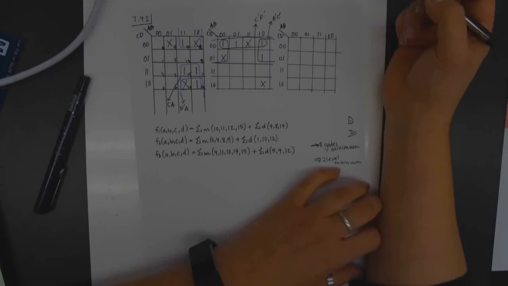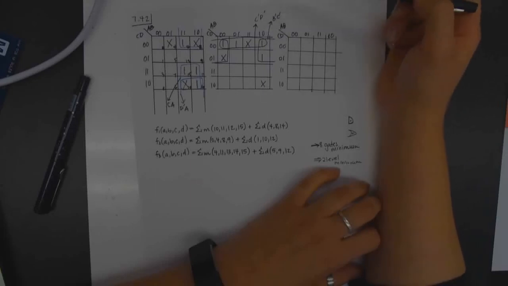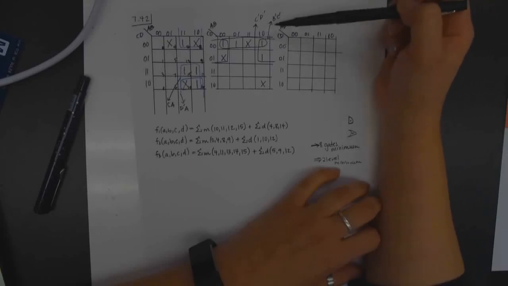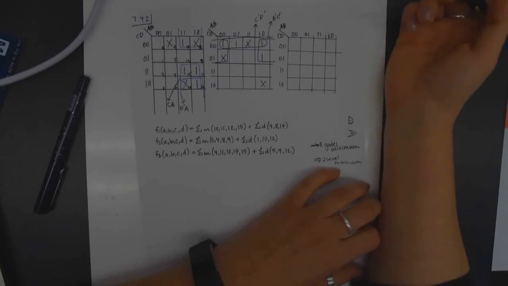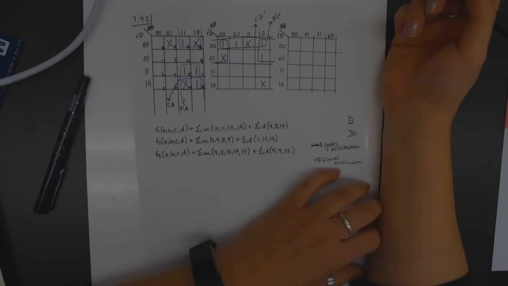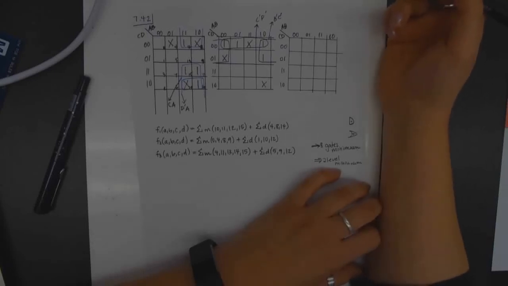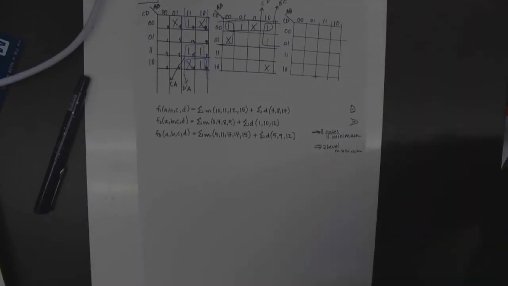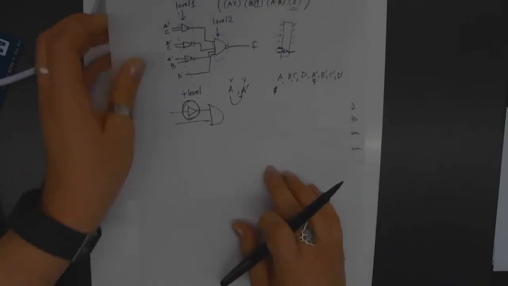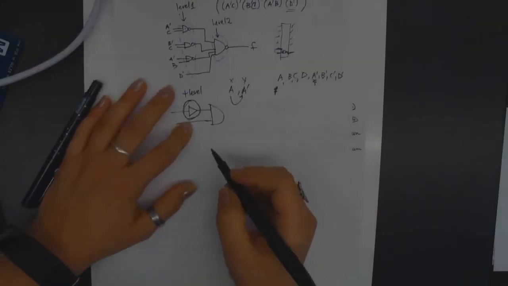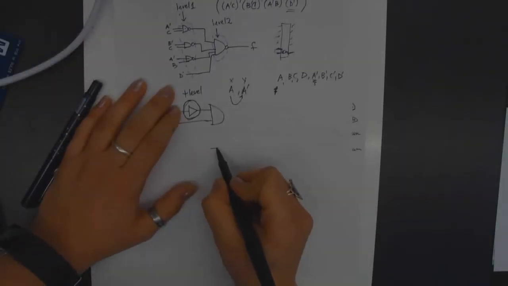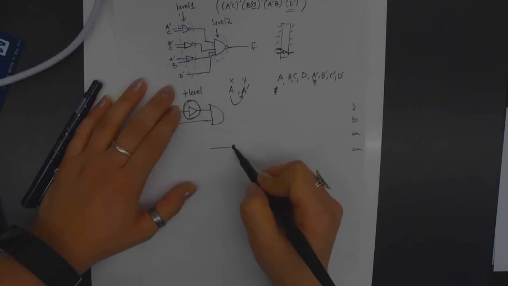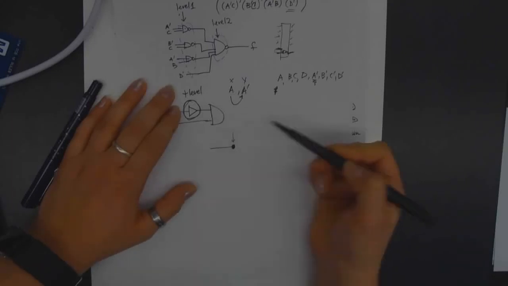Alright, so one of the things that you want to look at when you're doing this is, is there anything matching between these two? I'm not really seeing anything right off, but that's one of the things that you want to do in a problem like this. Ideally, you're going to be looking at a multi-level system that's basically branching off of itself. So if I've got something here, this is going to represent an AND or OR gate, right?